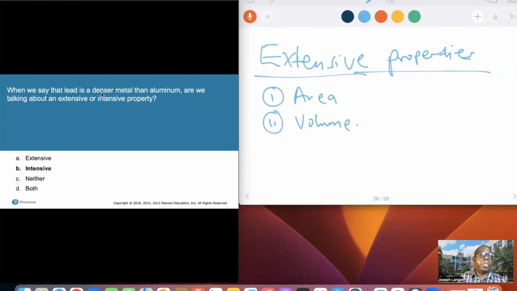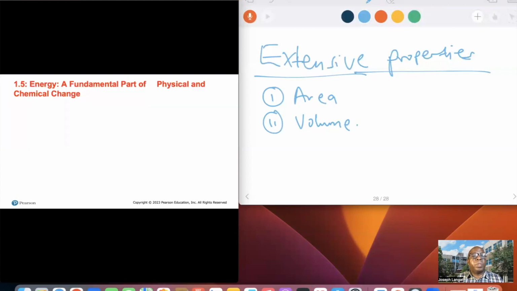Underline the word dense, it comes from the word density, and density is an intensive property. Don't let other terms or the length of the question scare you. Just think through the problem and classify the property as either extensive or intensive.